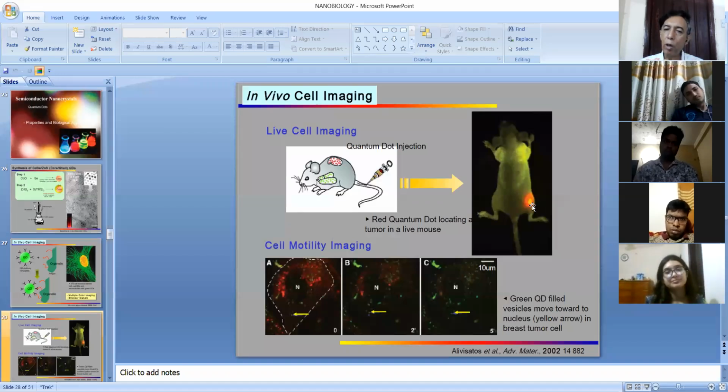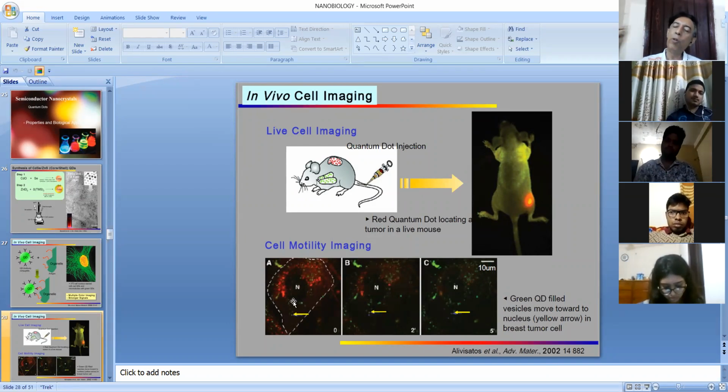So the quantum dots are very specific. You see, the green quantum dot moves towards the nucleus of breast tumor cells. These are the quantum dots. It is going here, and it will be accumulated on that tumor only.